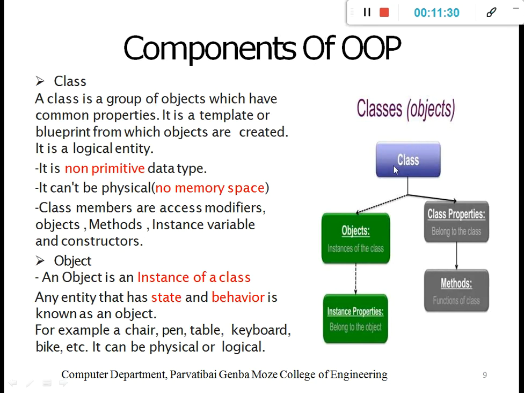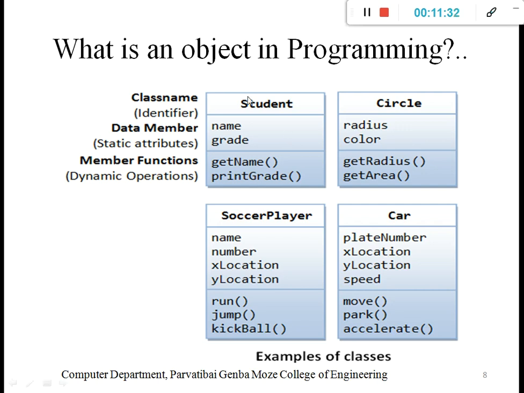Indirectly, we can say that it is an object. Student is one class, and we can say that it is one object in programming. Student and circle: calculate the radius of a circle, get the radius of a circle. Student is one object, circle is one object, and student comes under one class and circle comes under another class.